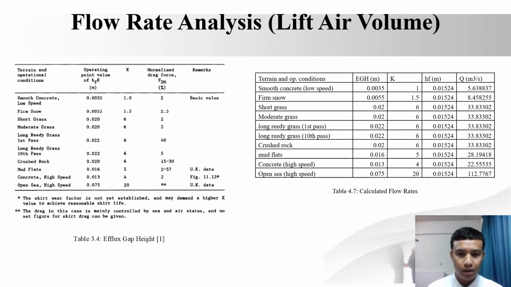Okay, flow rate analysis. Lift air volume. We have this table, which I got from the book, and the operating point value of H, F, K is given, K is given, normalized drag force is given as well, and we will have to calculate the Q. The Q is the lift air volume, which is in cubic meters per second.